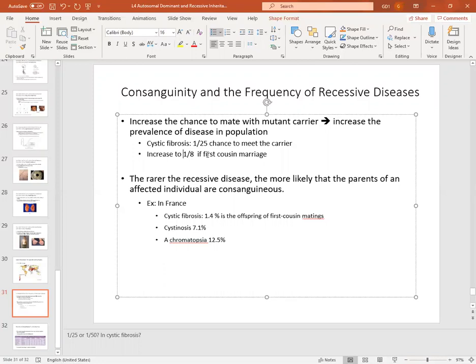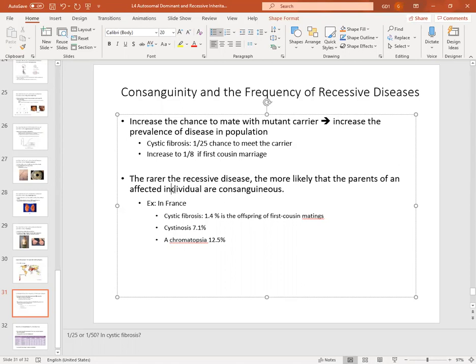If the first cousin mating is very close, then the second degree in the pedigree relationship, so we increase to 1 in A. So we increase a lot, and the chance to produce diseased offspring will be increased.